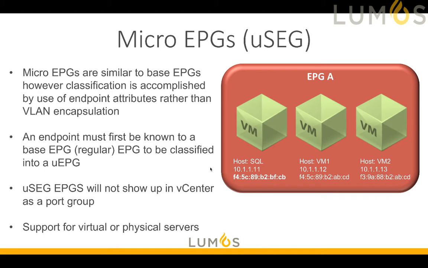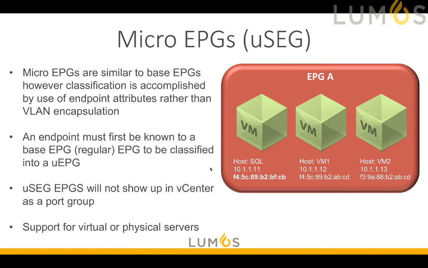We do support micro EPGs for virtual and physical. We can do a mixed bag. Now, one thing to keep in mind as well, and we'll talk about this a little bit further down the road, but these USEG EPGs also can do intra EPG isolation.